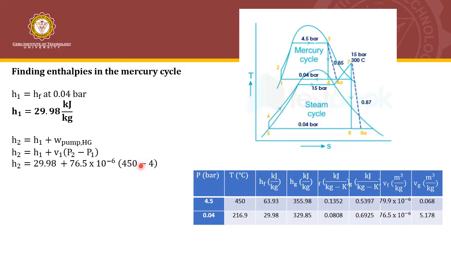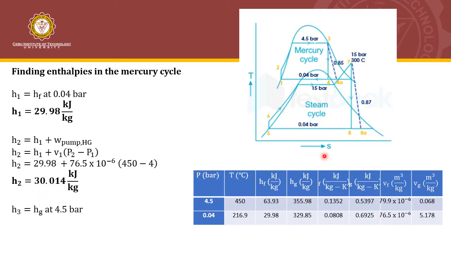This is already the converted value of bar to kPa. So our H2 is 30.014 kilojoules per kilogram. If you examine the difference of enthalpies across the pump, it's very small. That's why sometimes the value is neglected in some calculations.